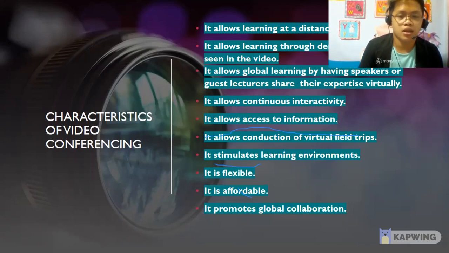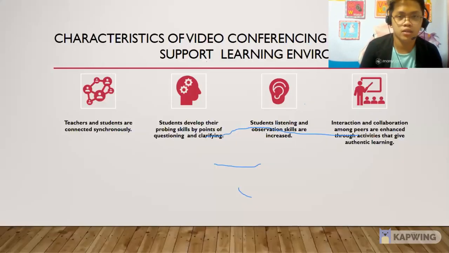It allows conduction of virtual field trips. It stimulates learning environments. It is flexible. It is affordable. And the last is it promotes global collaboration. So those are the characteristics of video conferencing.